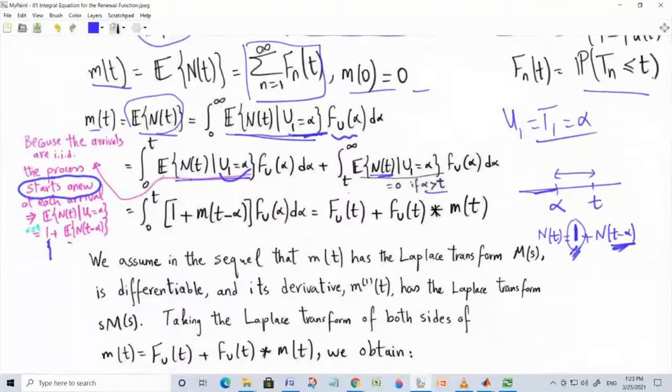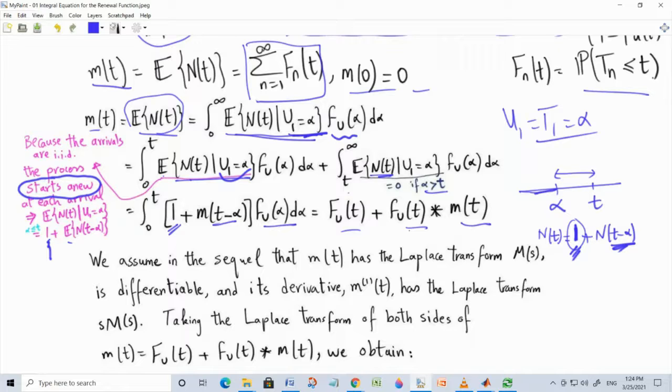You can split this integral into two parts. The integration of 1 times the PDF is the CDF, and the integration of m of t minus alpha times the PDF of alpha is the convolution between the renewal function and the inter-arrival PDF.